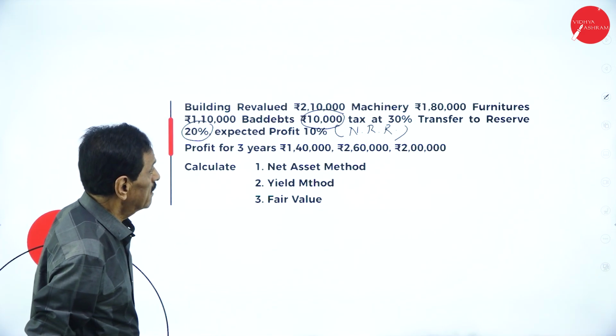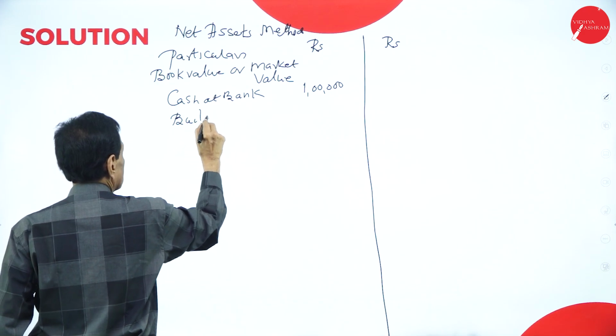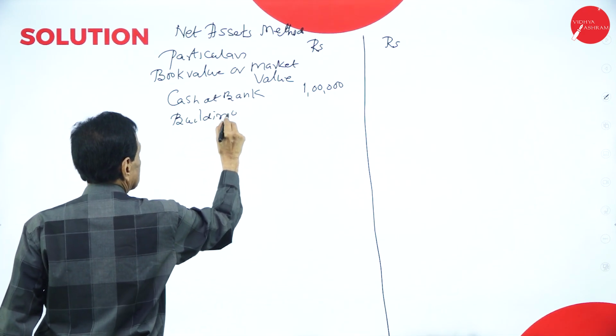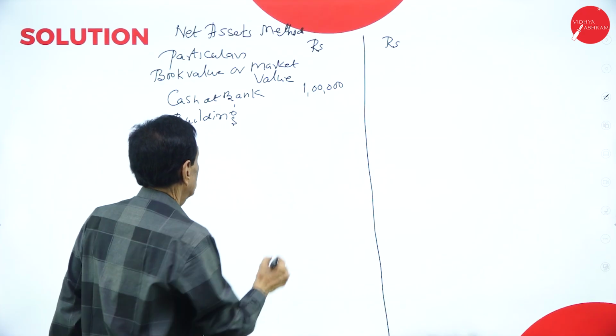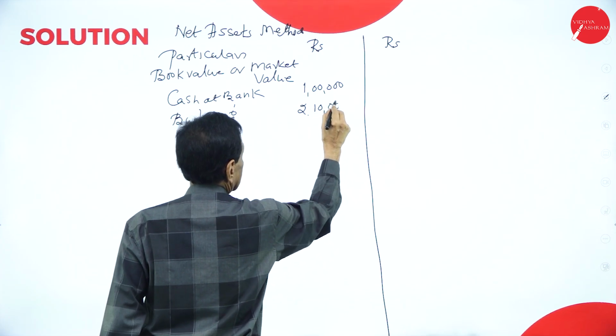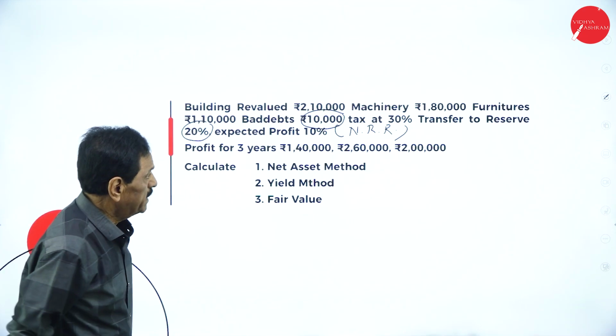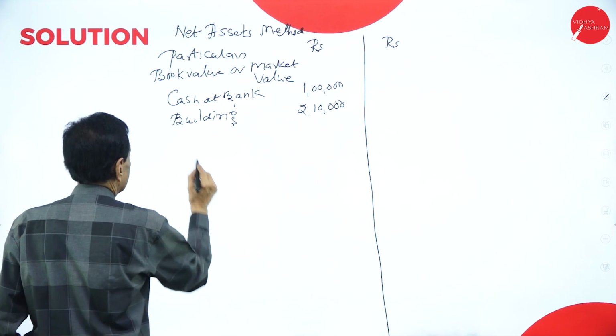What is the next one? Building revalued. Building revalued, how much money? 2,10,000. What is the next one? This is over. Machinery.